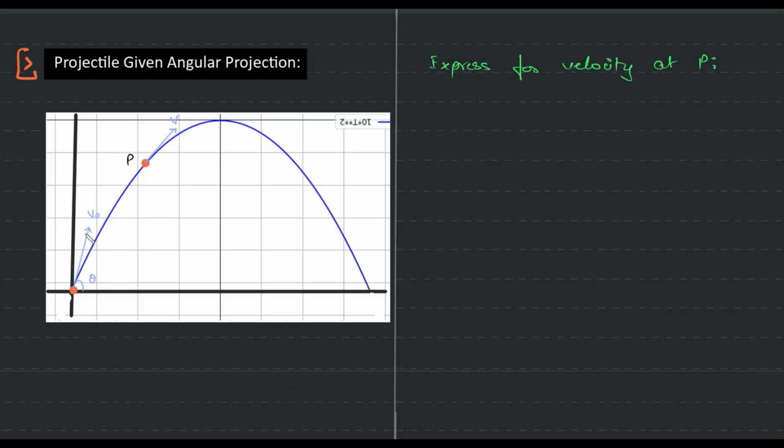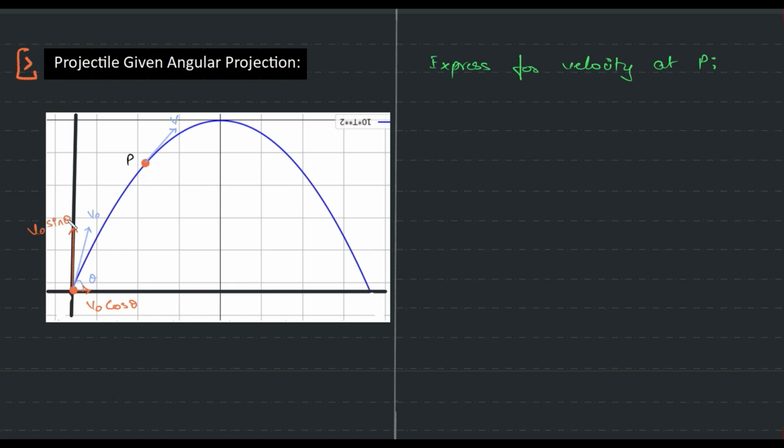First thing is we have to resolve. We need to consider that you have v naught. This will be cos theta. And we have v naught sin theta.